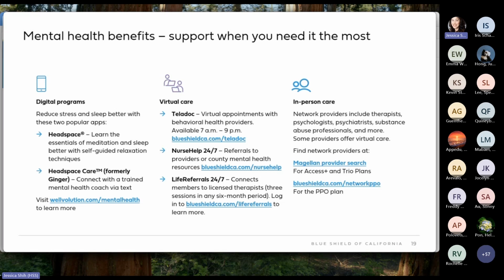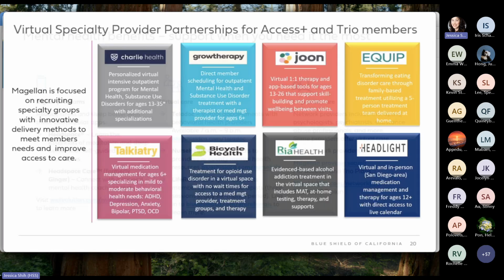For Access Plus and Trio members, Magellan is focused on recruiting specialty groups with innovative delivery methods to meet members' needs and improve healthcare. Such groups include Charlie Health, Growth Therapy, June, Equip, Talkiatry, Bicycle Health, Rhea Health, and Headlight.